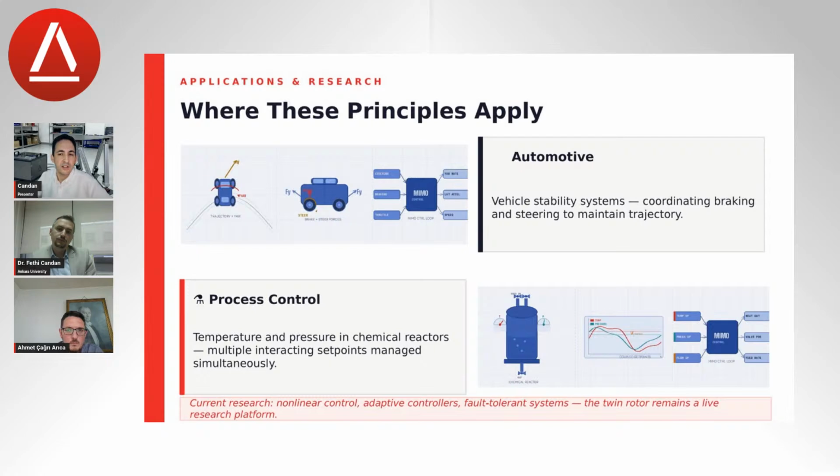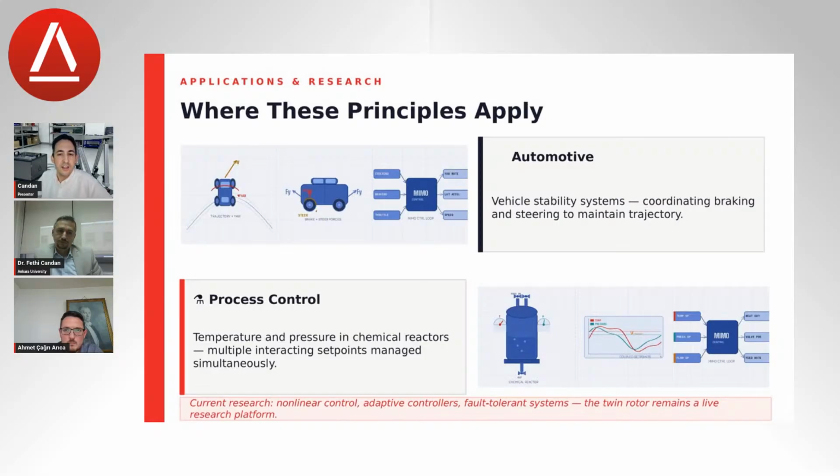Each has some effect on the performance of the braking or on the steering angles, and so on and so forth. And finally, for chemical processes, the temperature and pressure in chemical reactors are coupled to each other. When the temperature rises, the pressure goes up, or vice versa, depending on the type of the process.